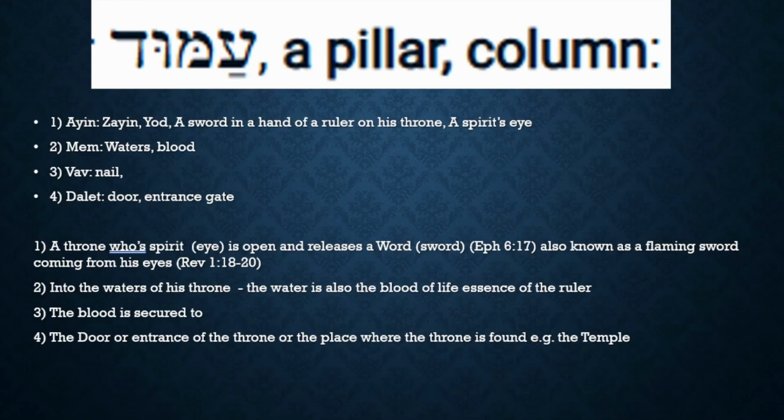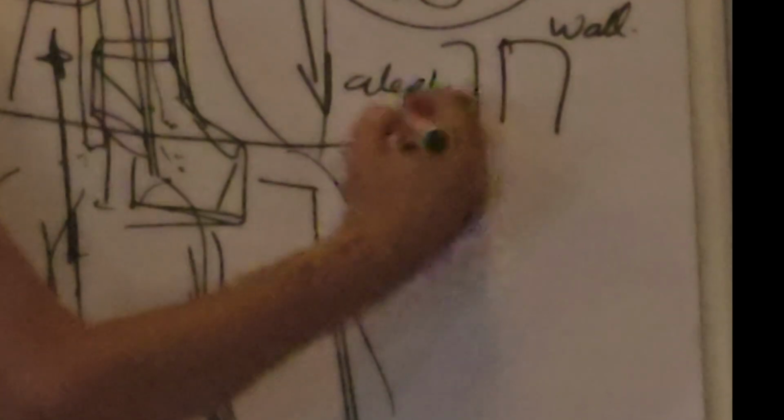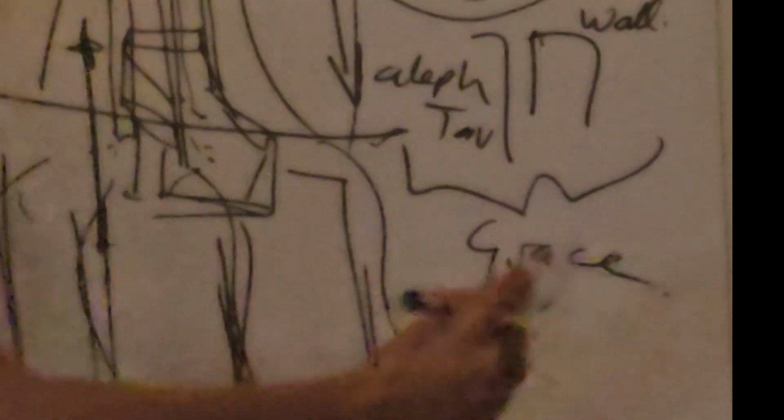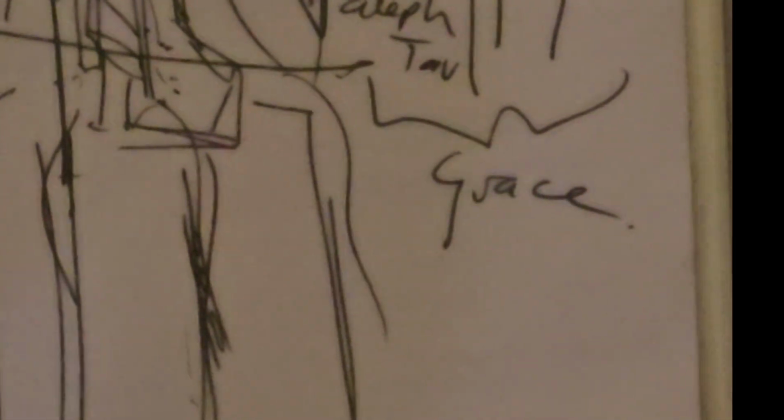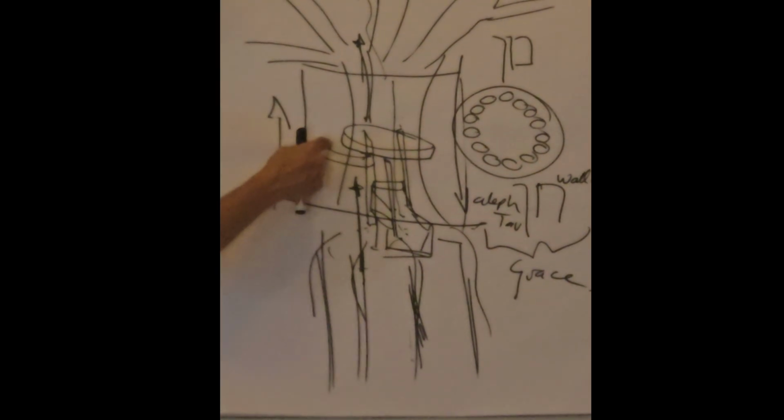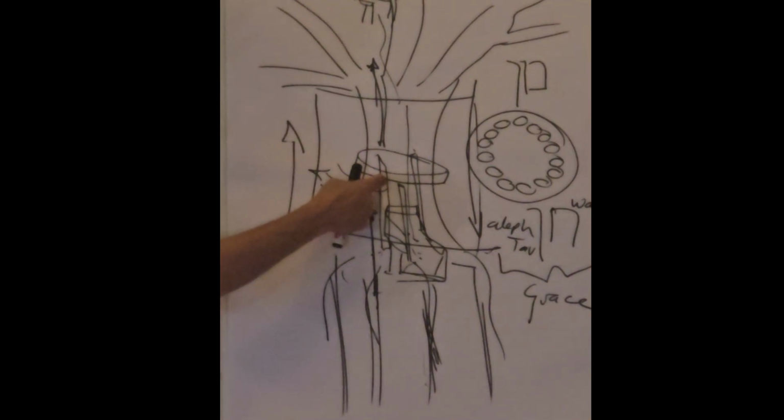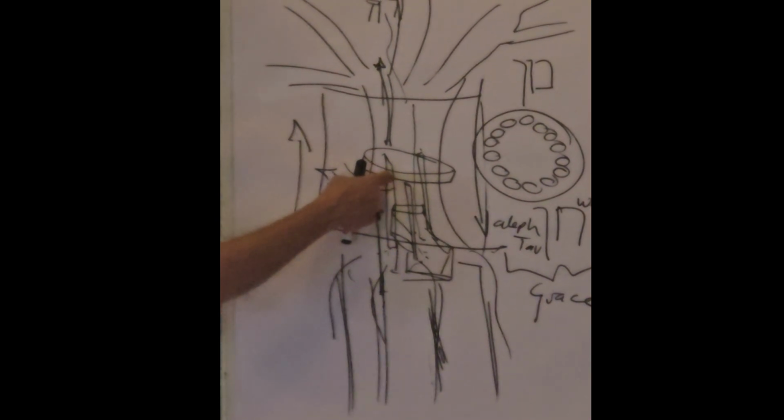Sorry, I've got it. It is chet, sofit nun. So a wall of the Aleph Taf. That is the word for grace. So that's why the scripture says, to him who is humble, I will give grace.